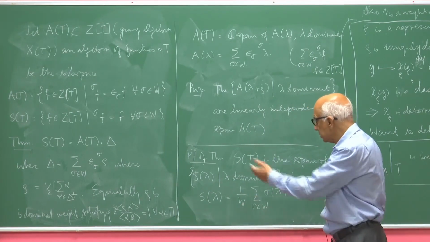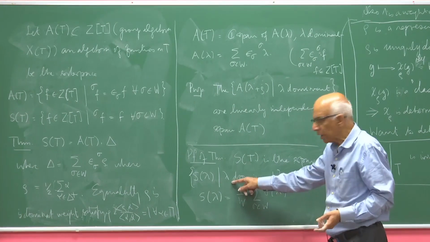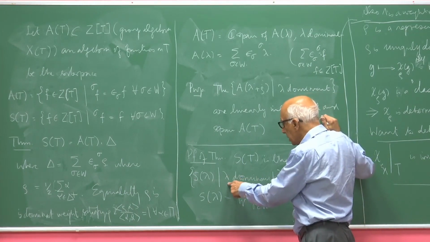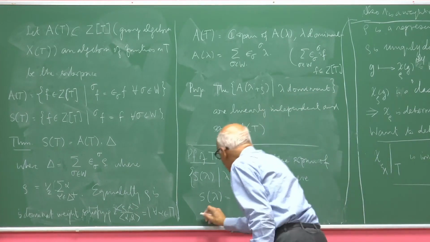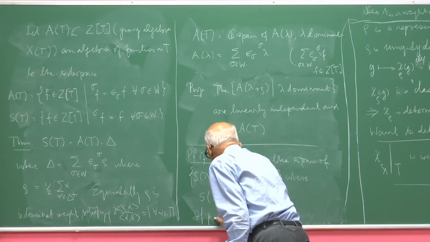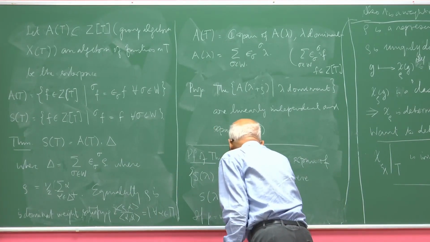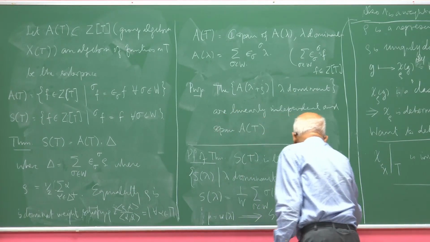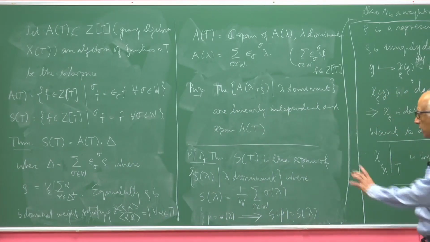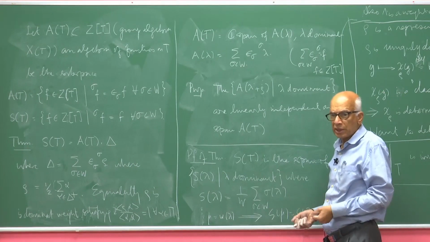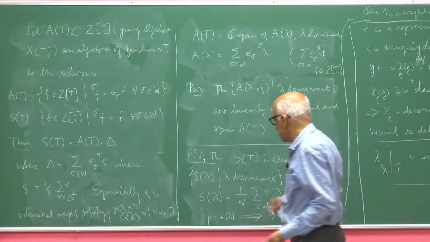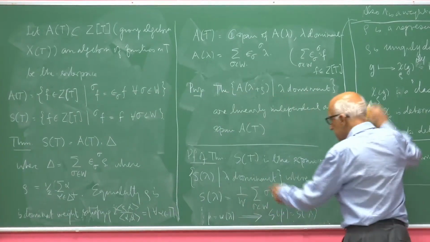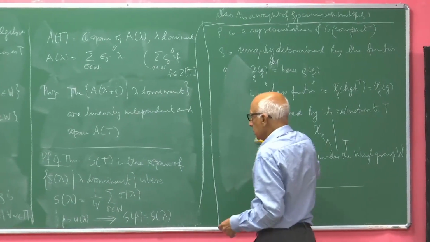And any function I am interested in is a linear combination of lambda. Notice that if you take any lambda in its W orbit, there will be a dominant lambda, and so if mu is W of lambda implies S mu equal to S lambda. So, you need only bother about dominant ones, because in every orbit there is a dominant weight. So, S lambda is this, and so it is enough to prove that S lambda is a span of this.